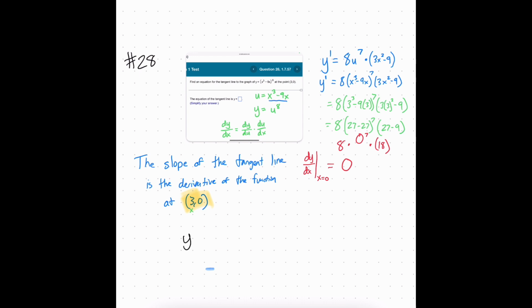So I can do y minus the y value of my point, in our case 0, equals the slope, which in our case is just 0, times x minus my x value.